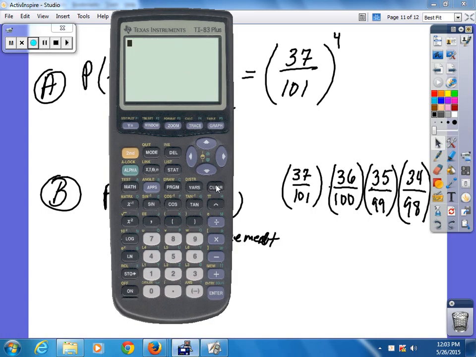And I use parentheses, so that'd be open parentheses 37 divided by 101, close parentheses, times open parentheses 36 divided by 100, close parentheses, times open parentheses 35 divided by 99, close parentheses, times 34 divided by 98, close parentheses, and equals. I get 0.016.